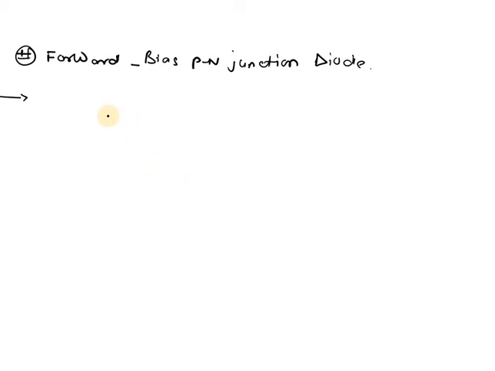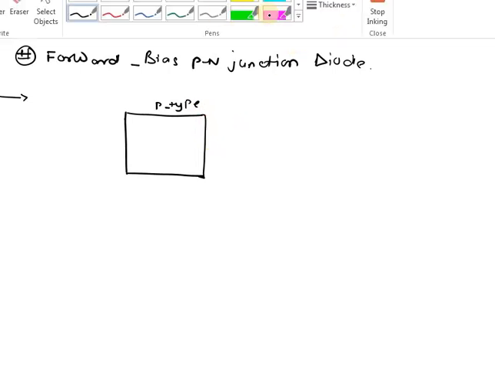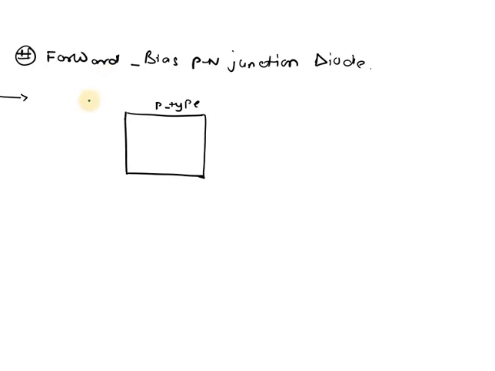So here I'm drawing a schematic for this forward bias PN junction diode. I'm taking a slice of material which is p-type, and we'll connect it with the n-type semiconductor.